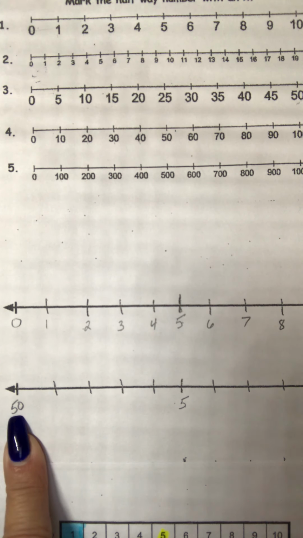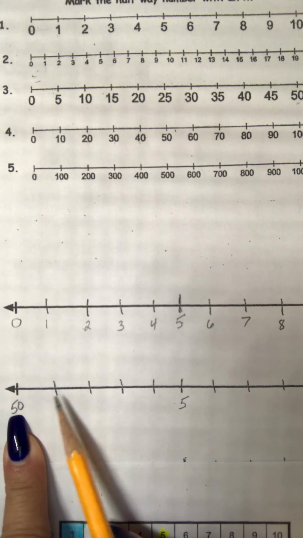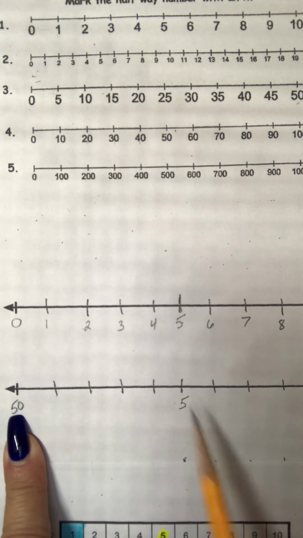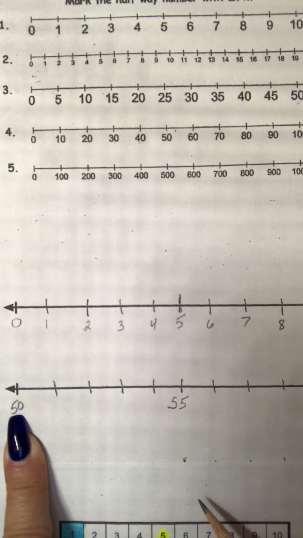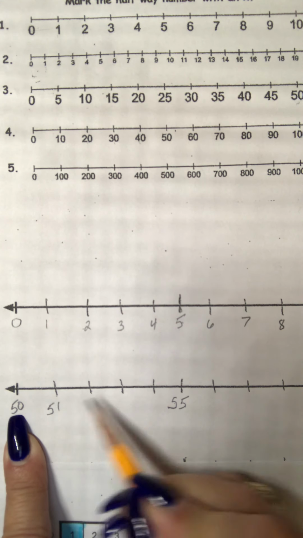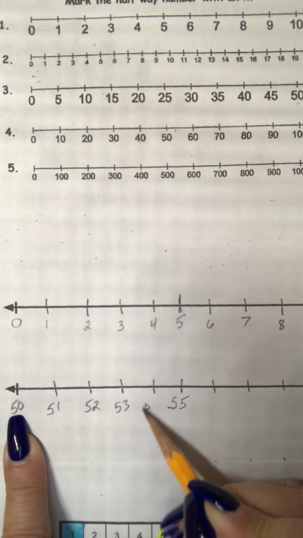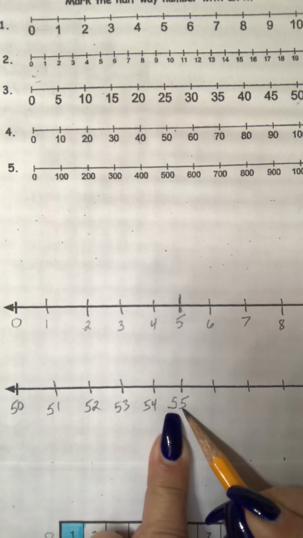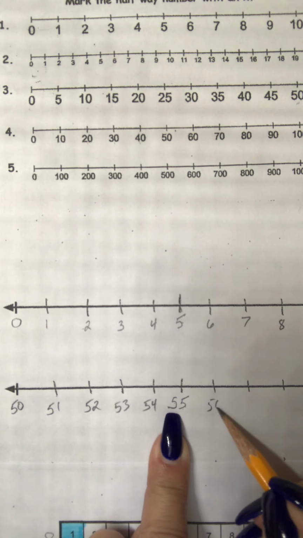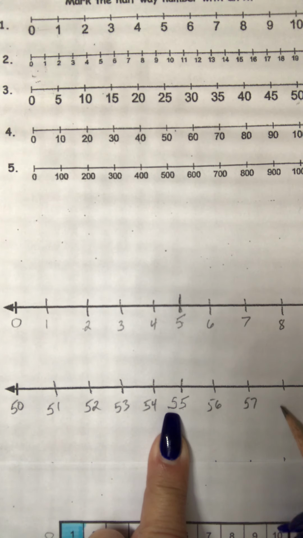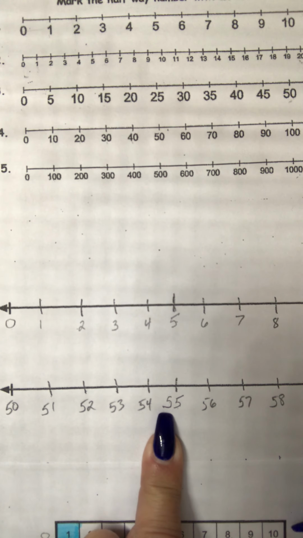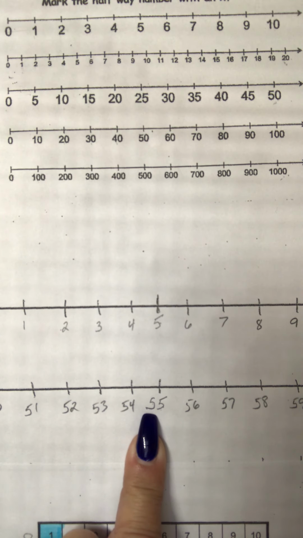It's 5 between 50 and 60. 50, 51, 52, 53, 54, 55, 56, 57, 58, 59, and 60 over here on the end.